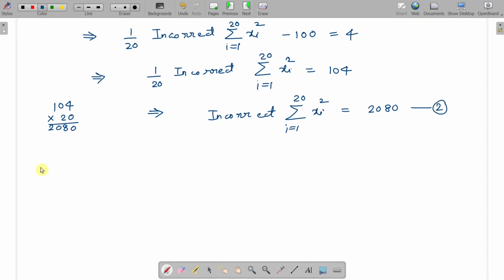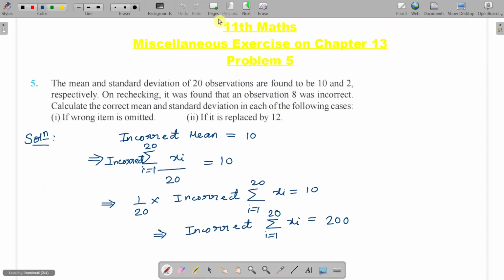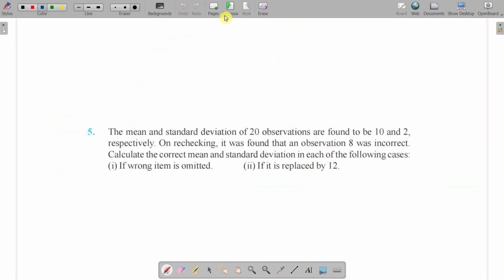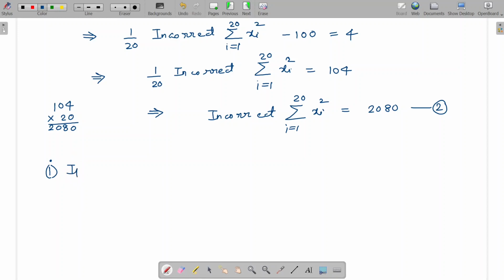So now we will go to the first part of the question here. That is, we have to find the correct mean and standard deviation if the wrong item is omitted. So if the wrong item 8 is omitted.